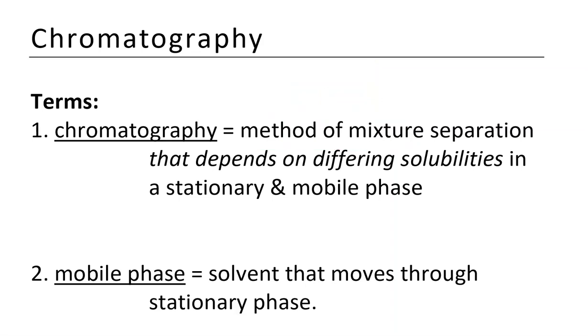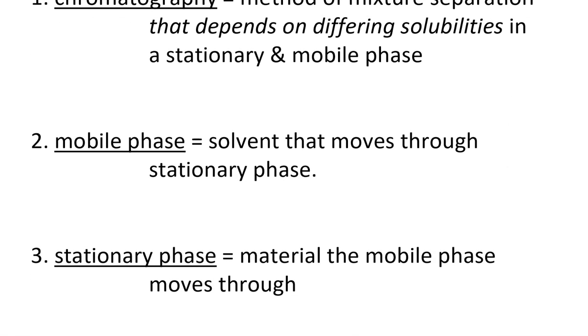Anyway, chromatography does separate a mixture into its components, but a lot of times the idea is to identify what the mixture is. And it involves both a mobile and a stationary phase. So a mobile phase is a liquid or a gas.